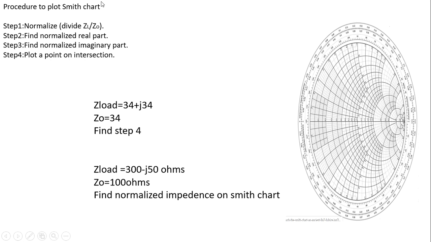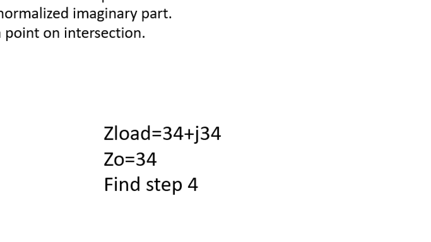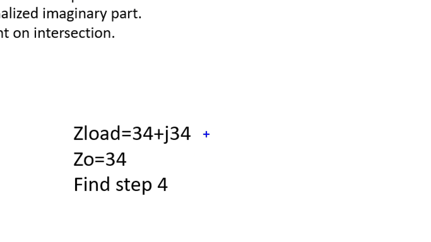There are 4 steps. First is normalizing, using the normalization formula, then find the normalized real part. Step 1: what is normalized? ZL is the load impedance. Take ZL equal to 34 plus j34, divided by Z naught, which is 34.